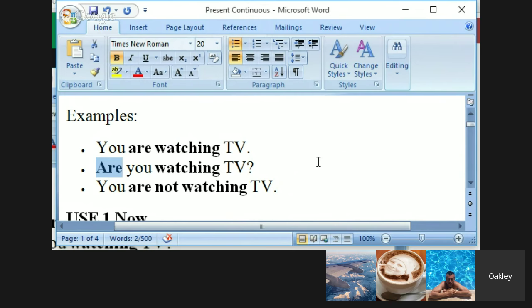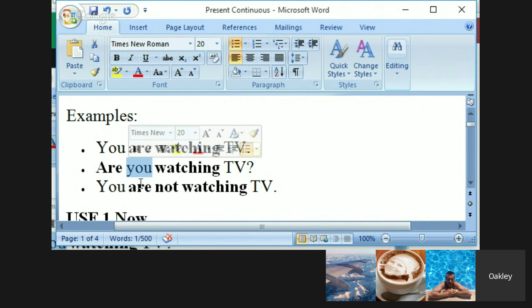It assists the main verb. It helps to convert the main verb, of course, to show that it is present continuous. So the first auxiliary is always transposed or reversed with the subject noun. Are you watching TV?